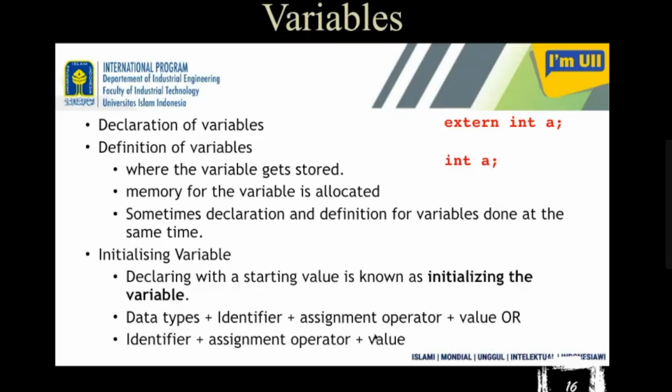For example, this, where you have a data type, the identifier, the assignment operator, and the value. If you have already written this statement earlier, then you just write the identifier, the assignment operator, and the value you want to initialize. This way you can also initialize a variable.